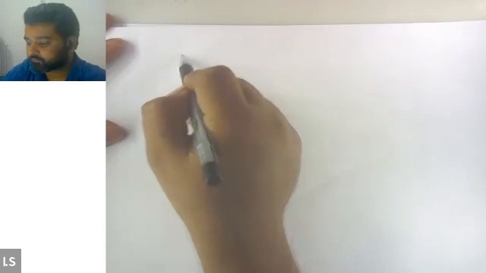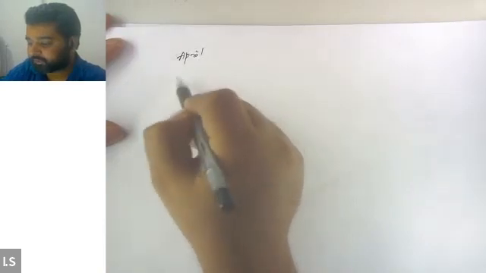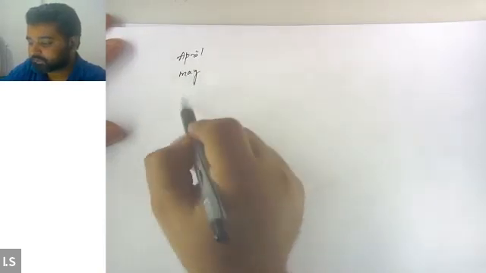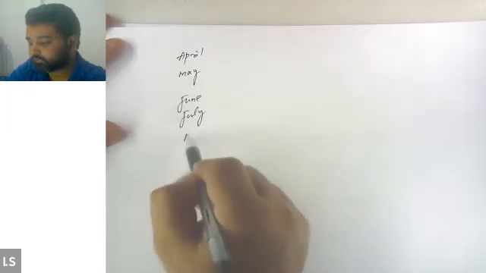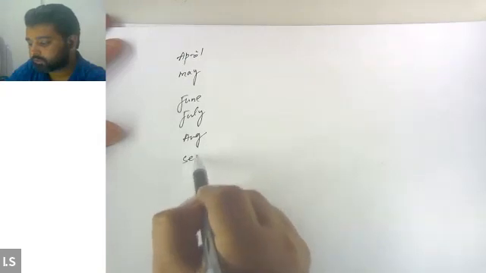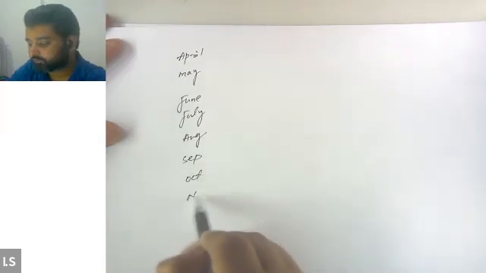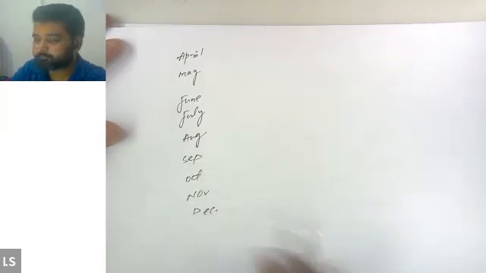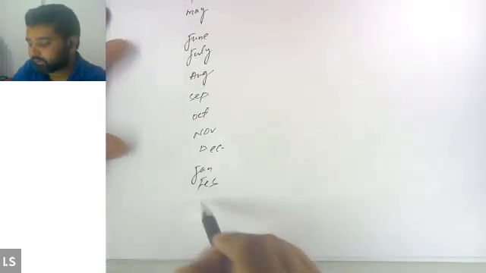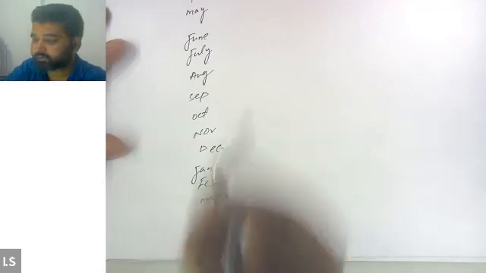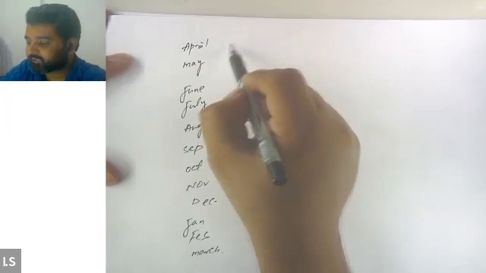See, if we are making withdrawal, we have these months: April, May, June, July, August, September, October, November, December, then January, February and March. Okay, so let's suppose we are making withdrawal at the end of the month.